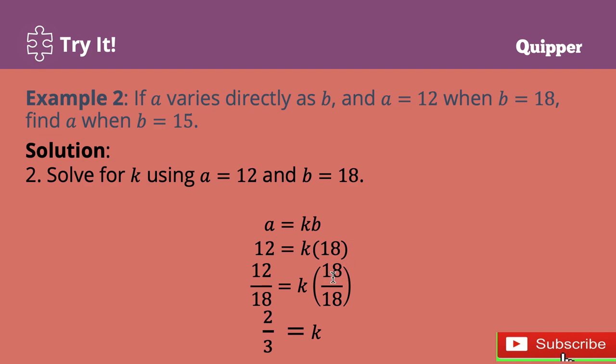We have 18 divided by 18 is just 1, and 1 times k is k. 12 divided by 18, we are going to reduce this to lowest terms. Divide both numerator and denominator by 6, or their greatest common factor. So 12 divided by 6 is 2, and 18 divided by 6 is 3. Therefore, our constant of the variation is 2/3.